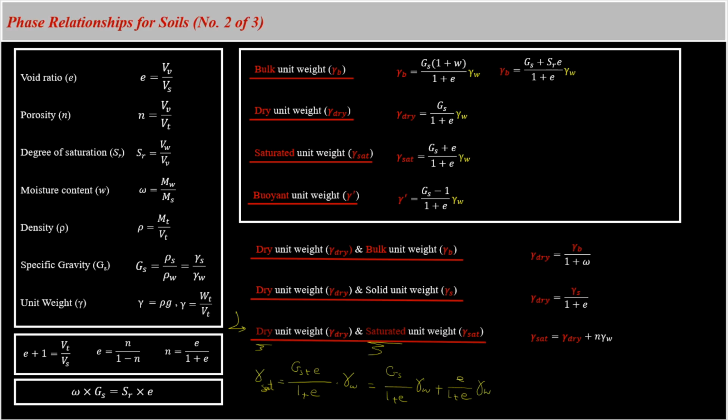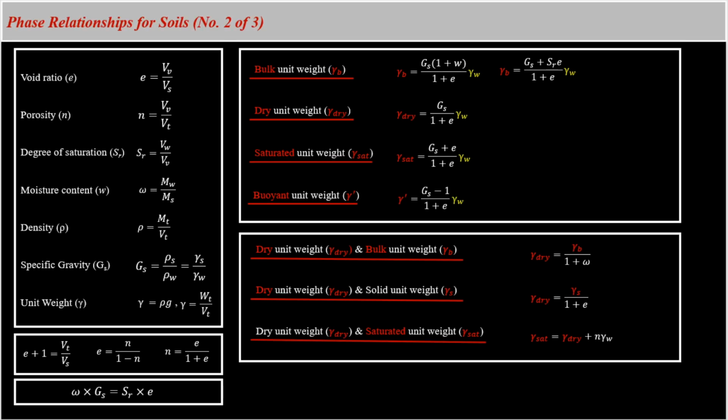We know that the first term is equal to the dry unit weight, and in the second term, e over 1 plus e is equal to the porosity. So we can get this relationship between these two unit weights.